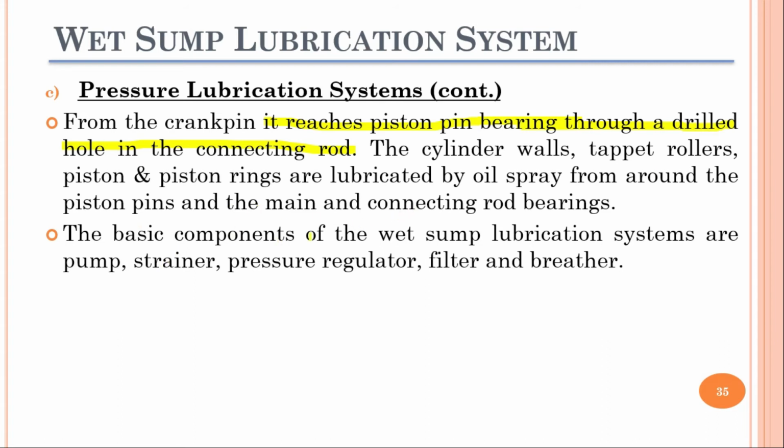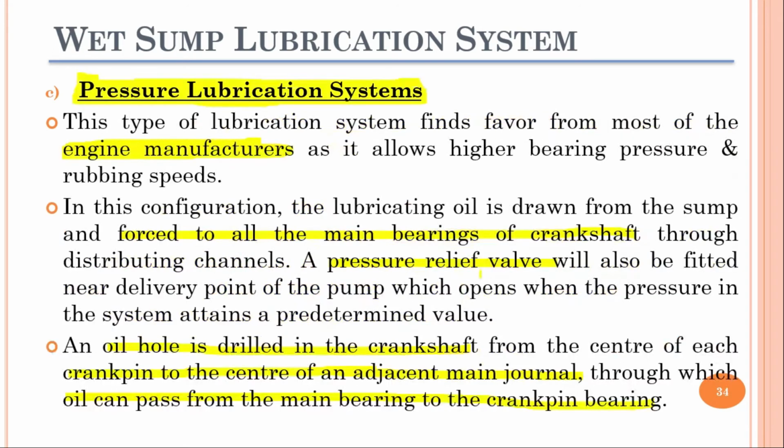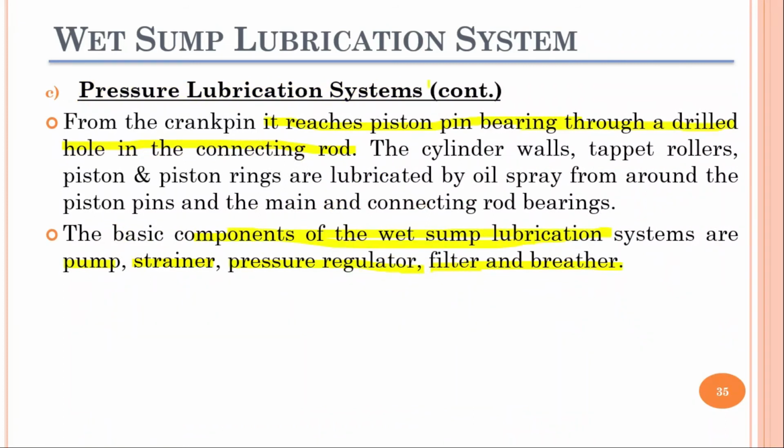The basic components of wet sump lubrication systems are a pump, which will take the oil from the oil sump. Then we have a strainer, a pressure regulator, a filter and a breather as well. So these are the three basic types of the wet sump lubrication system which are generally being used.